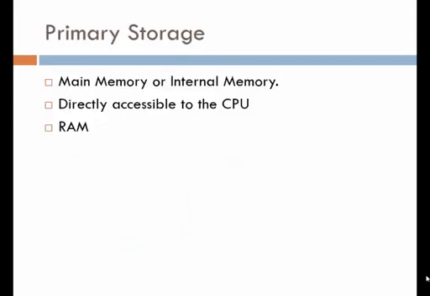Now when you go into storage devices, we have two kinds of storage devices. You have the primary storage device, for example, the main memory or internal memory of a computer, which is directly accessible to the CPU. Now mind you, the memory of the CPU is somehow a storage device, because it comes with a computer and it works with a computer system.